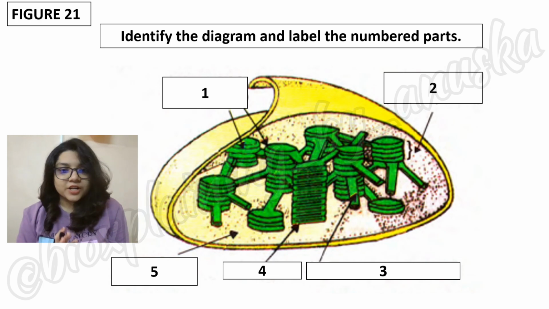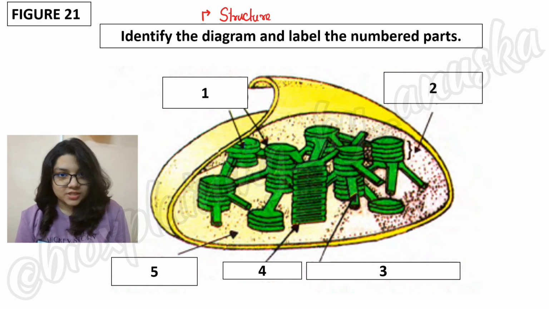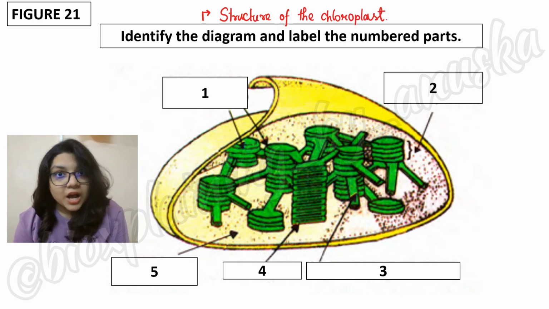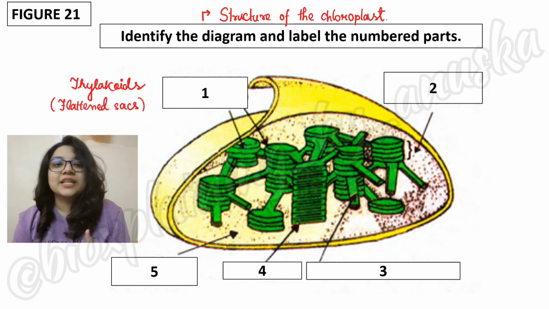Okay, so this is the first diagram that we have, and it shows us the structure of the chloroplast. Let us see what are the different parts that are present. Number one is pointing towards the thylakoids, the flattened sacs.